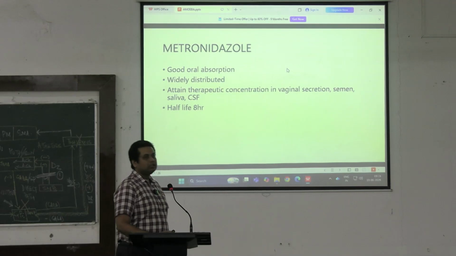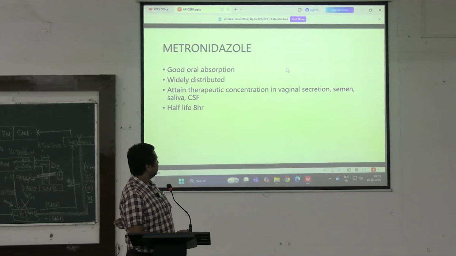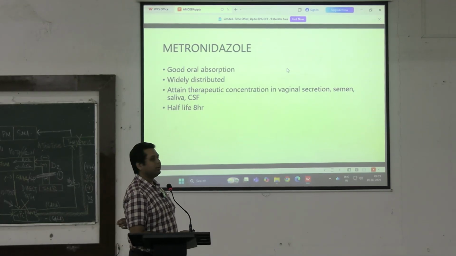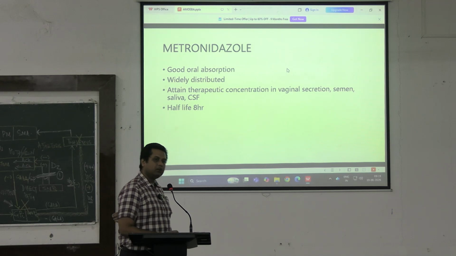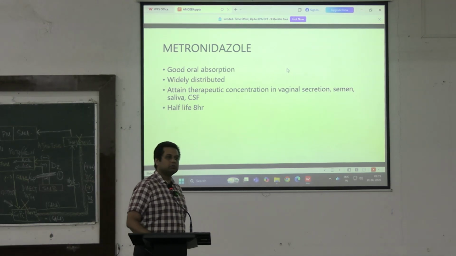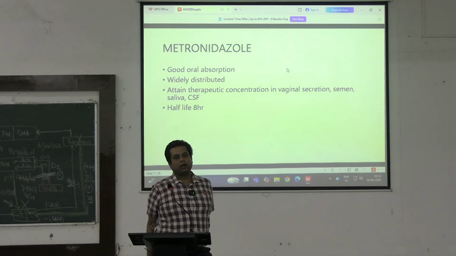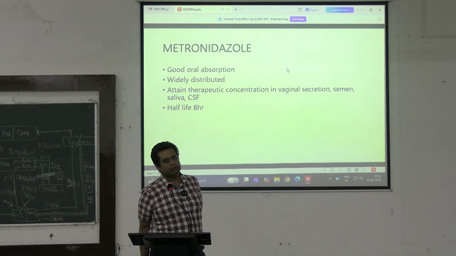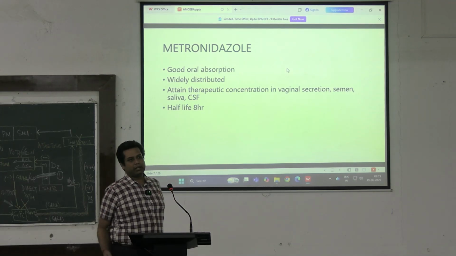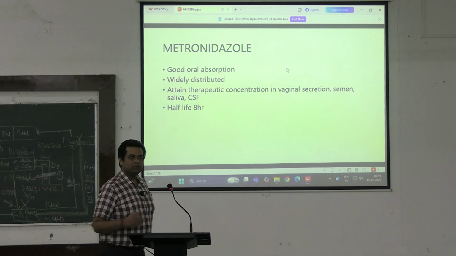Some pharmacokinetic parameters: good oral absorption. So as a tissue amebicide, it can be used for liver abscess or any tissue infection.